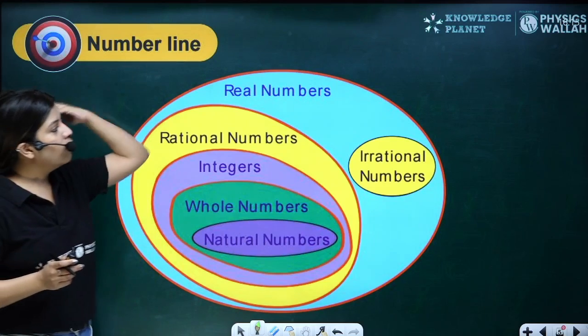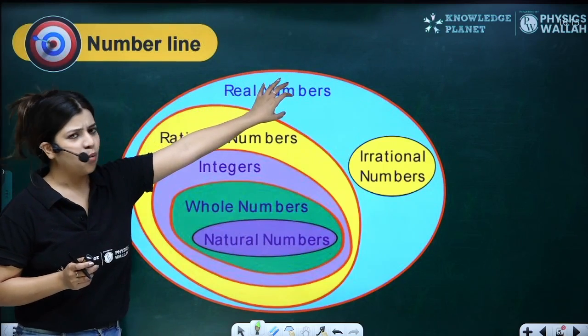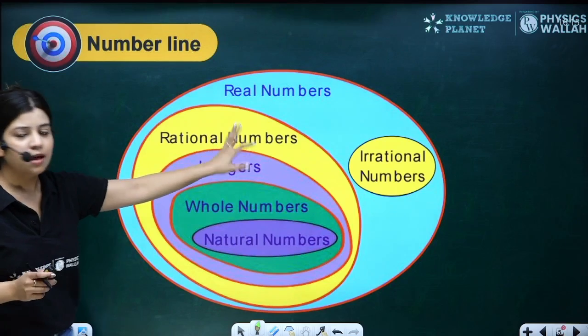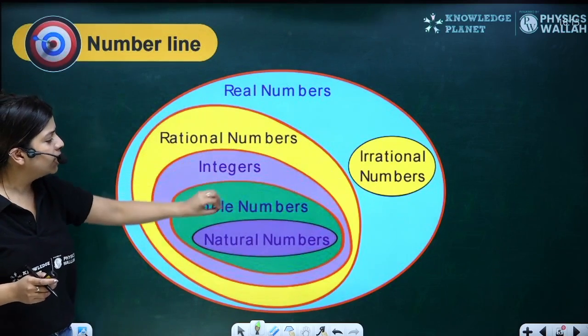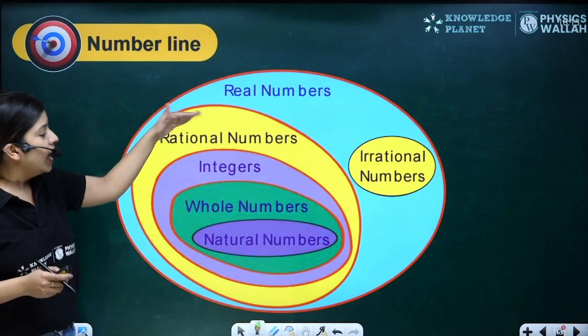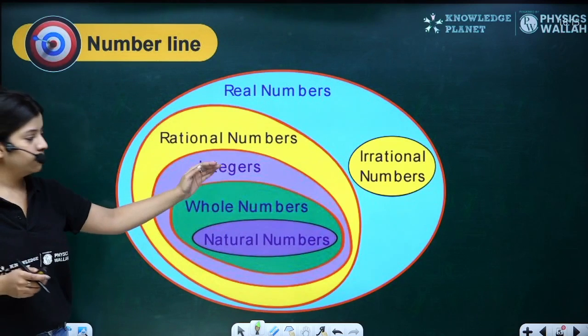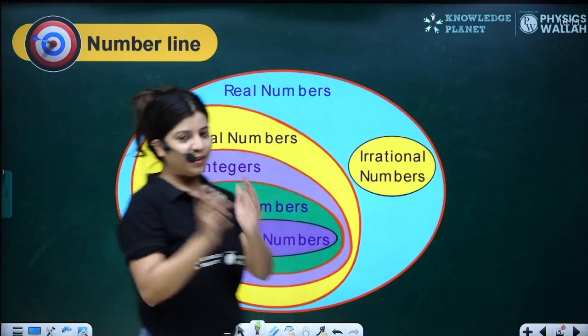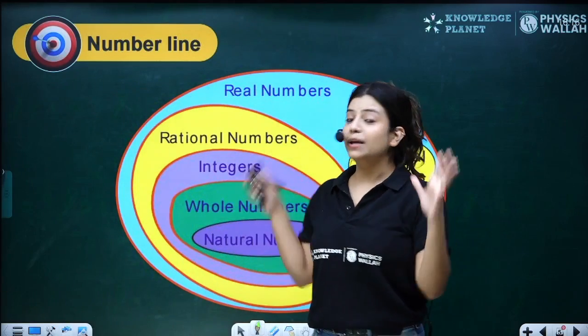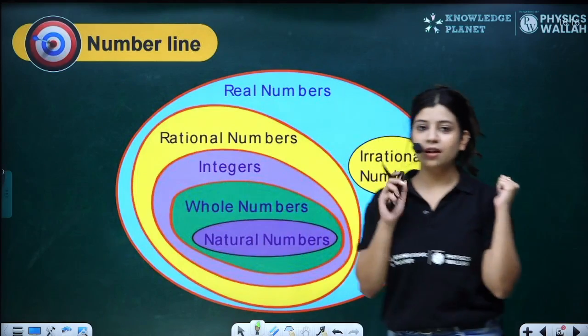Over here we can see that real numbers are a collection of rational numbers and irrational numbers. Under rational numbers come integers, under integers come whole numbers, and the smallest collection is of natural numbers. The biggest collection over here is of rational numbers.